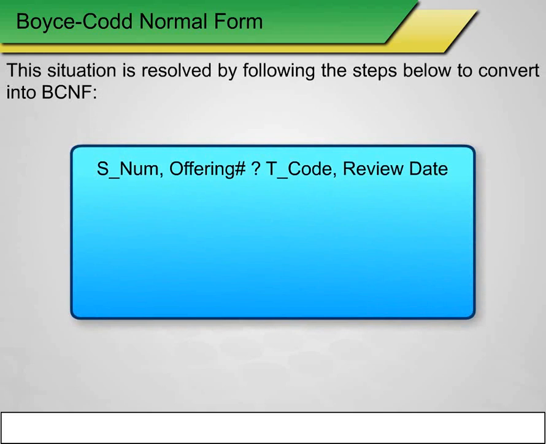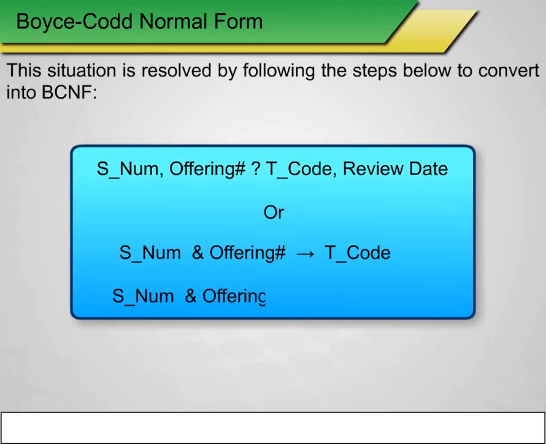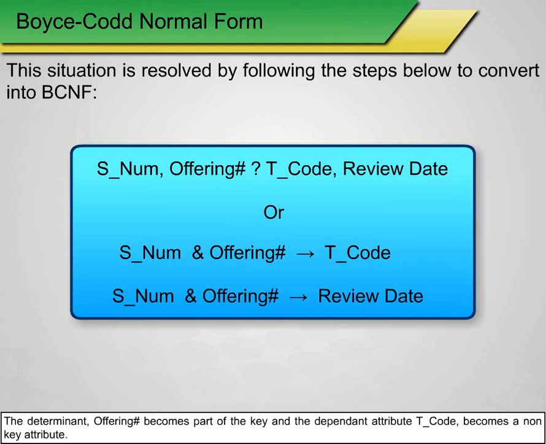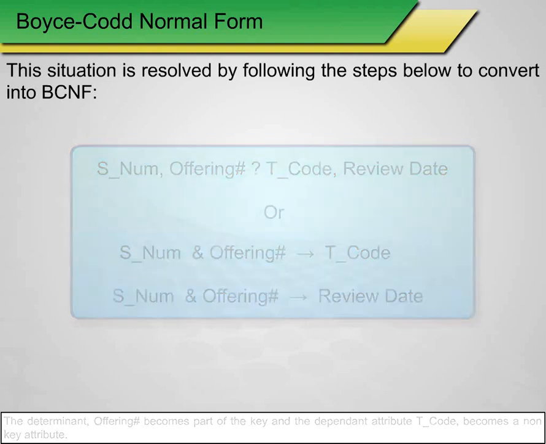SNUM, offering, T-code, review date. SNUM and offering implies T-code. SNUM and offering implies review date. The determinant offering becomes part of the key and the dependent attribute T-code becomes a non-key attribute.